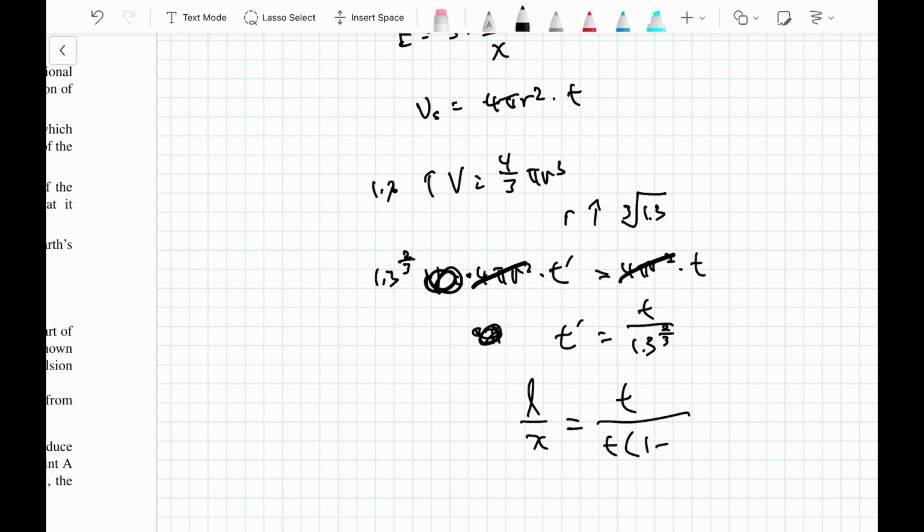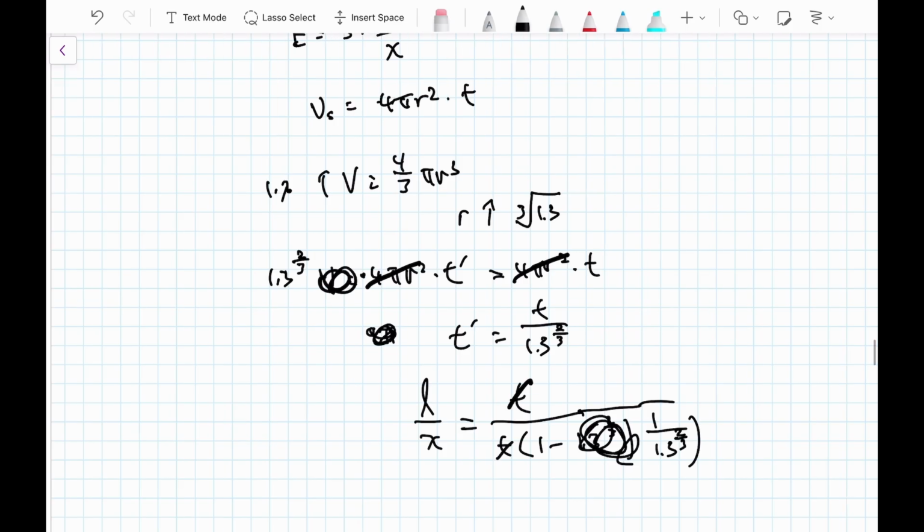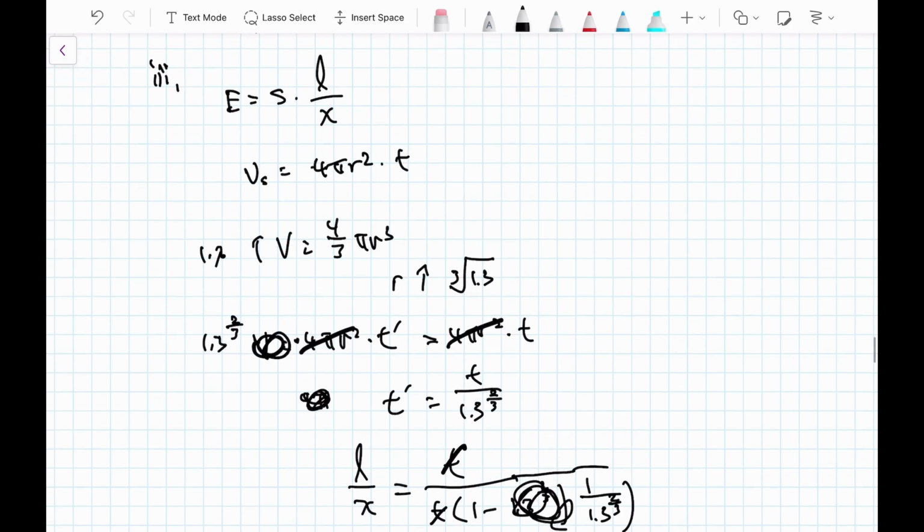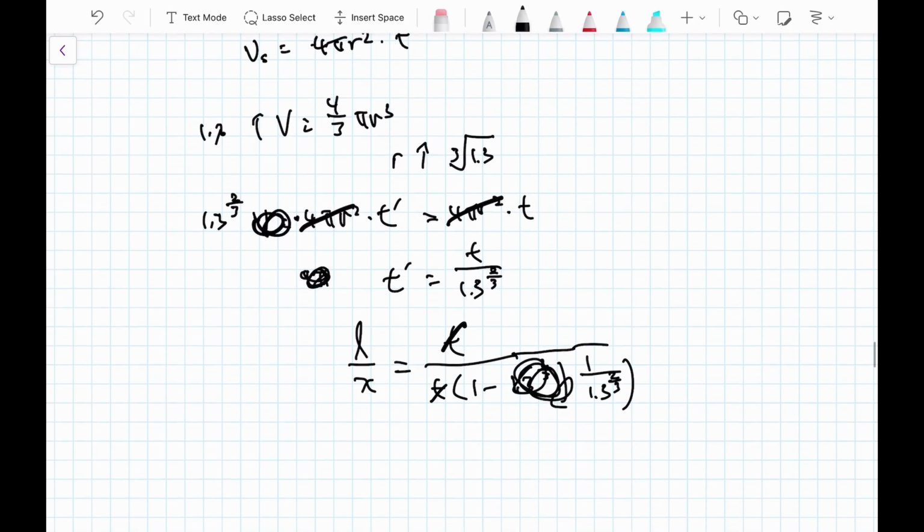So therefore it's 1 minus 1.3 to the power of 2 over 3. And no, this is 1 over 1.3 to the power of 2 over 3. So we cancel out the t's, and then we can plug this into the equation.